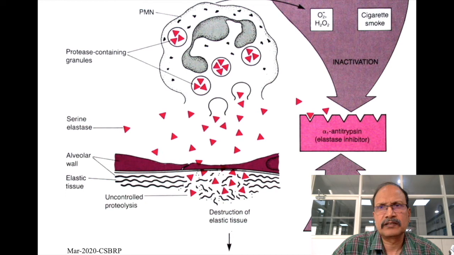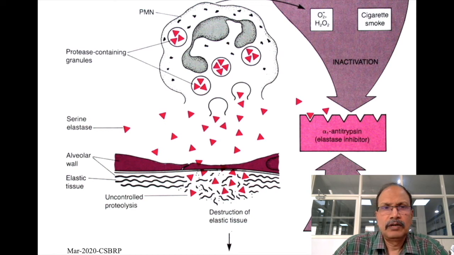This is usually neutralized by superoxide dismutases, or antioxidants which are naturally occurring. So any person who has decreased naturally occurring antioxidant mechanisms may be associated with increased destruction of alveolar septa.